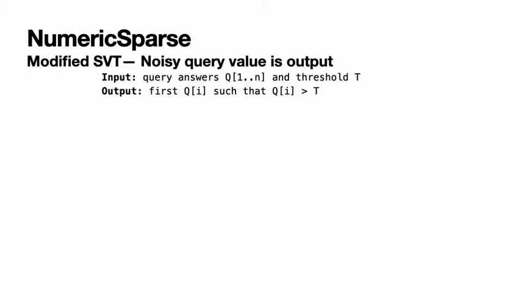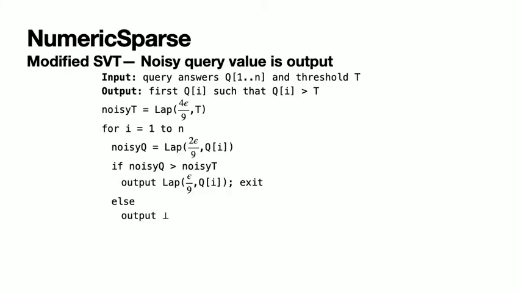As usual, it works with the noisy values, and as you can see, the algorithm is almost the same, except that the scaling constants in each of the Laplacian distributions are different. And when the noisy q is greater than the noisy t, instead of outputting i, it outputs a freshly sampled value from a Laplacian distribution with mean the current input and scaling parameter epsilon by 9.